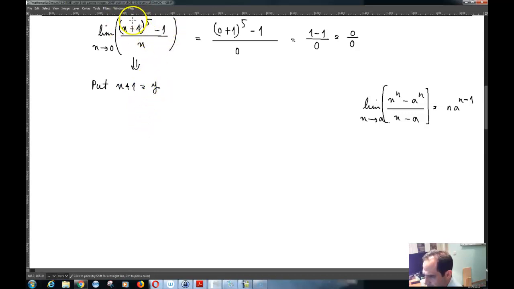So if x plus 1 is equal to y, then I can write this as the limit of y raised to the power 5 minus 1 over, and then over here x becomes y minus 1. Now as x tends to 0, then y tends to 1. As you can see here, as x tends to 0, y tends to 1.